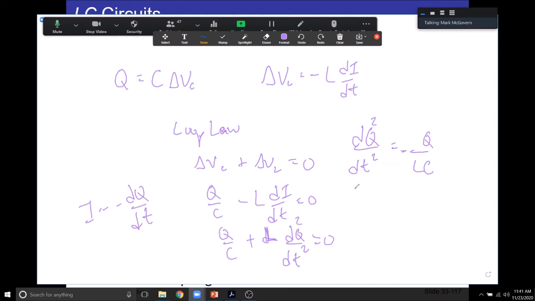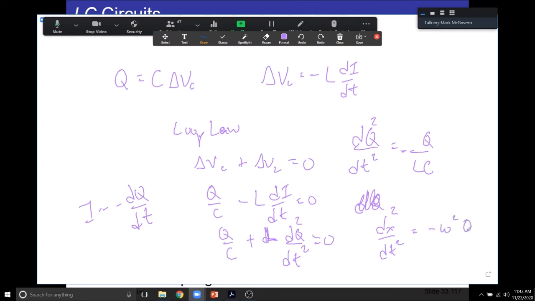Now check this out. Not everybody has to have differential equations to understand what's going on here. But when you have a formula that looks like this, and you have just some constant here, call this omega squared, because that's what it is.